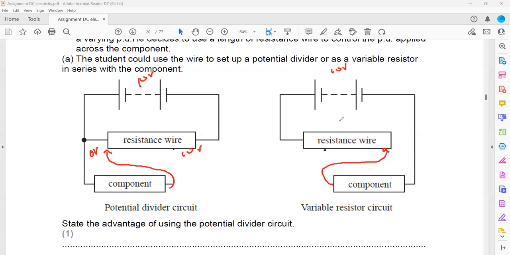If it's 10 volts, maybe if they have the same resistance, 5 volts here, and the remaining 5 volts will be across the component. So we cannot achieve 0 volts across the component in a variable resistor circuit. But in a potential divider circuit, the voltage can be reduced to 0. That's the advantage of a potential divider circuit over a variable resistor circuit.